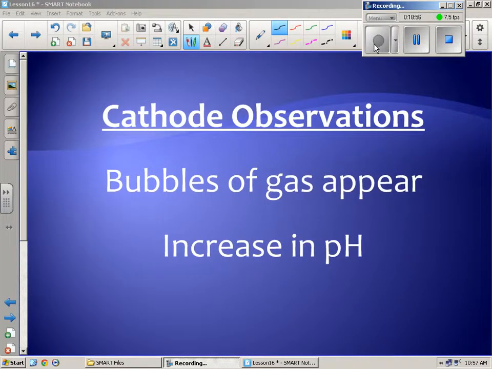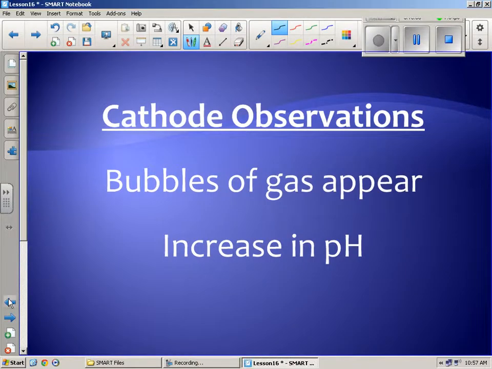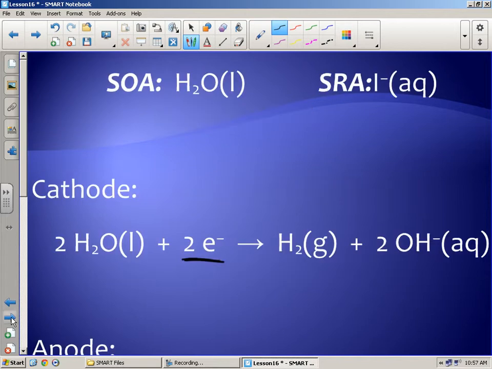What would you see, of course? Guys, listen. What do you see at the cathode, for example? We could still look at observations and things like that. What would you see at the cathode? Well, you'd see water changing into hydrogen gas. So you'd see some bubbles form, and once again, you'd see the pH probably go up in this case because it's going from something waterish to more basic.